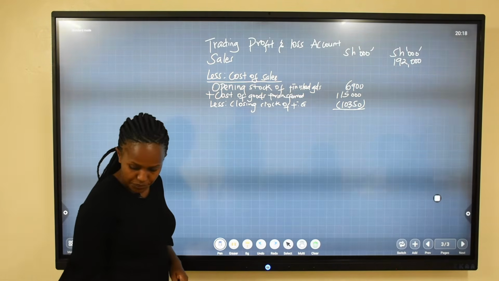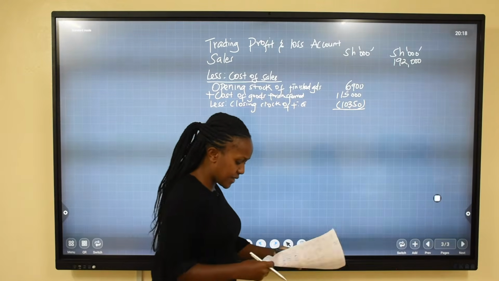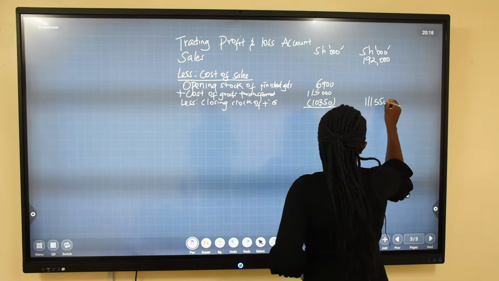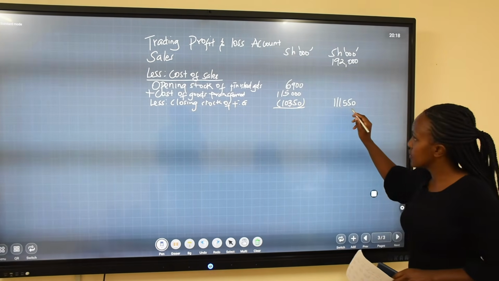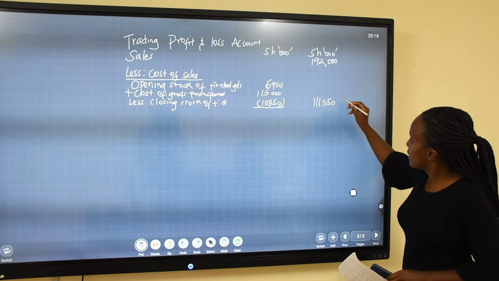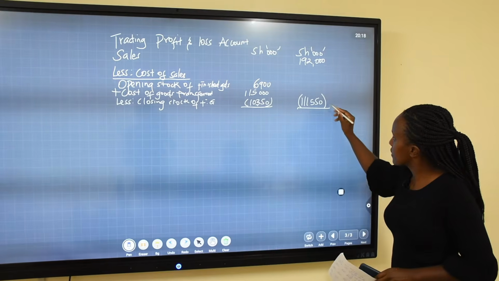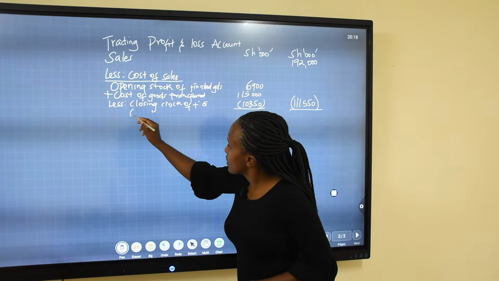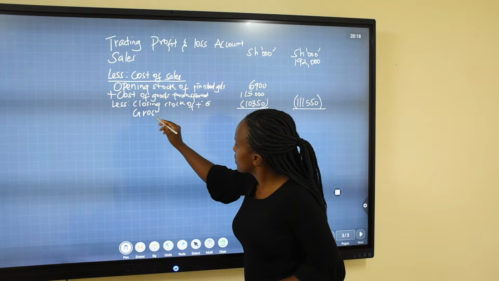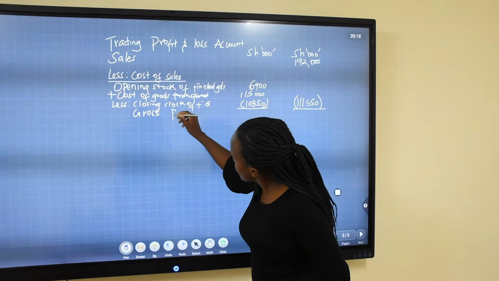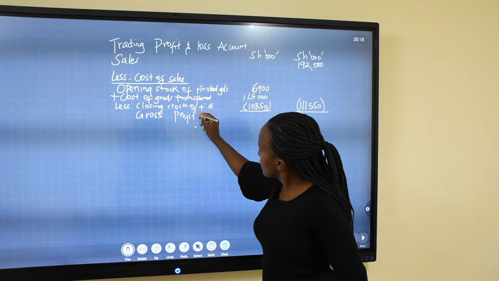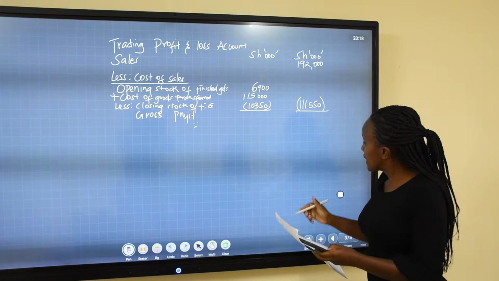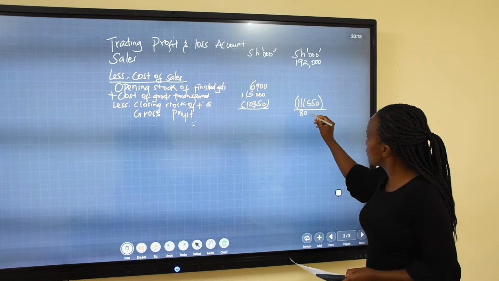Whatever we get there as 111,550 is what you are calling the cost of sales. Again, we deduct from the sales figure, we get the gross profit. The gross profit is 80,450.